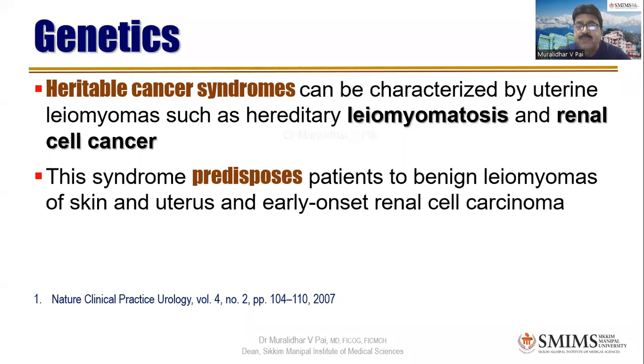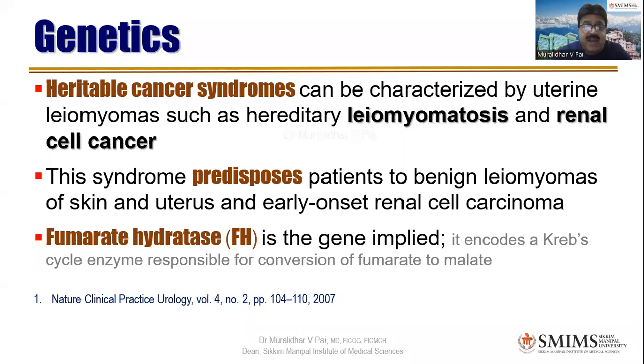Similarly, here also, when you have that particular oncogene or whatever heritable cancer syndrome, you can have collateral problems: first a tumor of the skin, a tumor of the uterus, and finally they may land up with renal cell carcinoma. You remove the kidneys, they may develop cancer somewhere else. I told you also about one of our faculty here who had cancer of the tongue 10 years ago that was taken care of, but 10 years later, that person developed renal cell carcinoma. So these are the things. We have to be vigilant all the time.